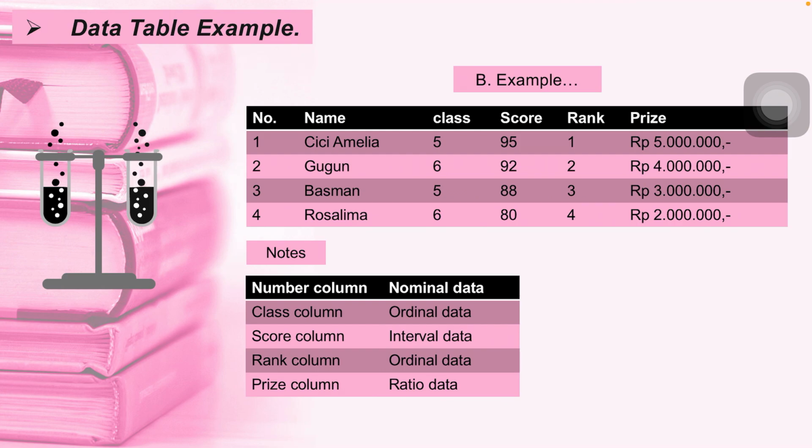And the score, because it is about levels, is called interval data. And the rank column, because it is levels, we can see 1, 2, 3, 4, so it is called ordinal data. And for the price column, because it is the rankings of the price, it is called ratio data.